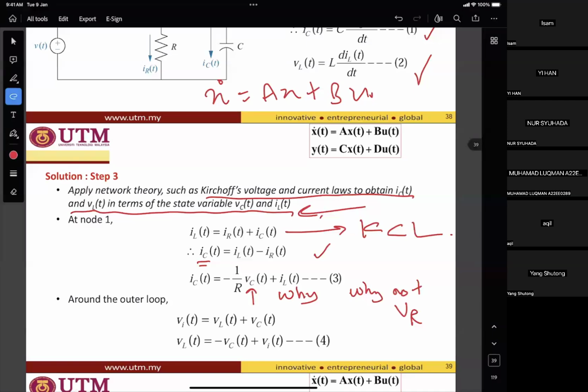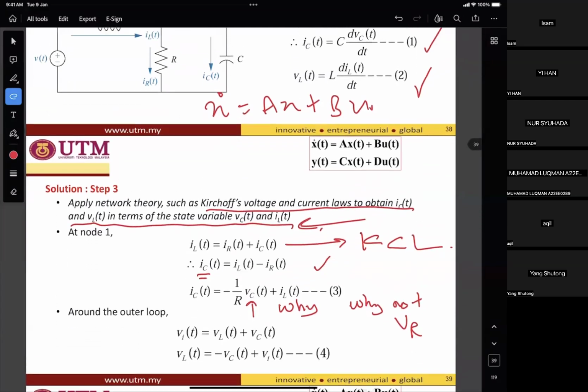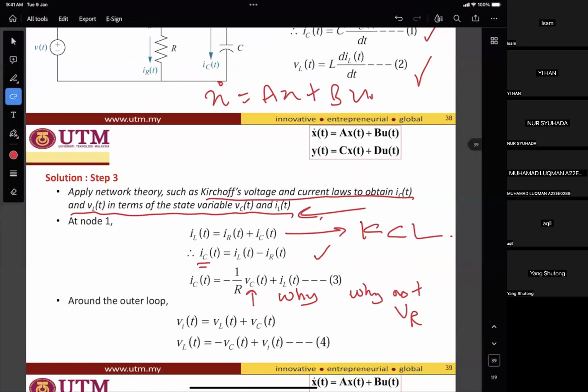Yes, doctor. Why VC over here in equation 3? Why not VR? Because the state variable is VC.